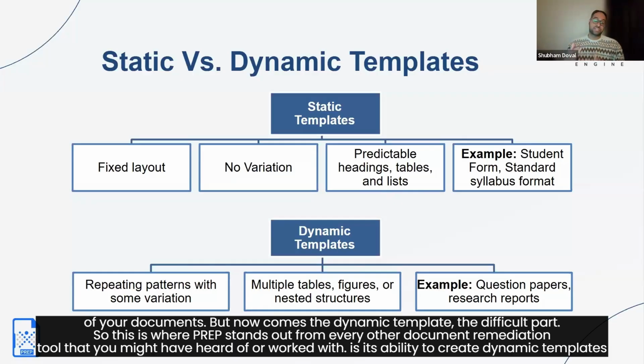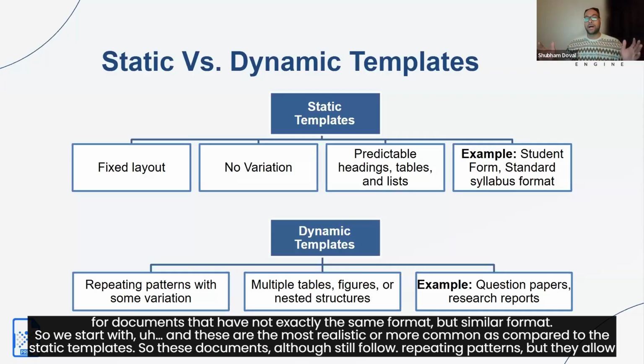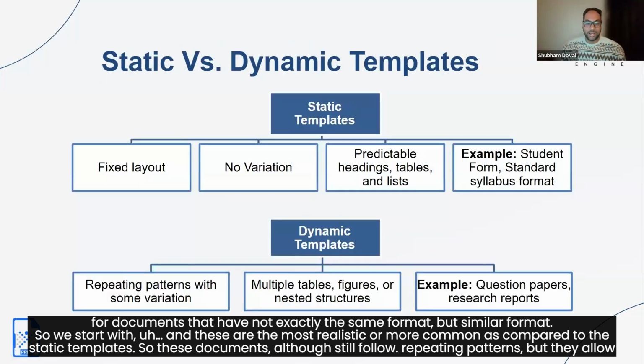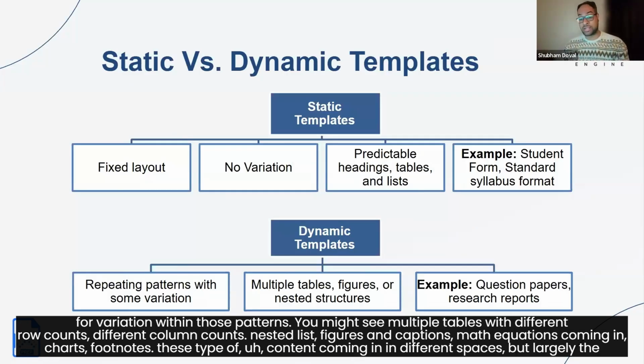This is where PrEP stands out from every other document remediation tool you might have worked with: its ability to create dynamic templates for documents that don't have exactly the same format but a similar format. These are more realistic and more common than static templates. These documents still follow repeating patterns, but allow for variation within those patterns.